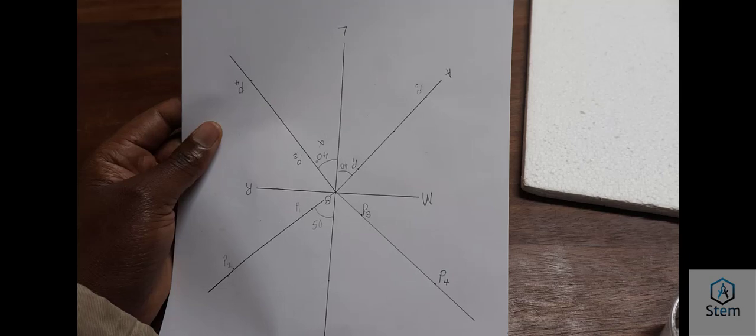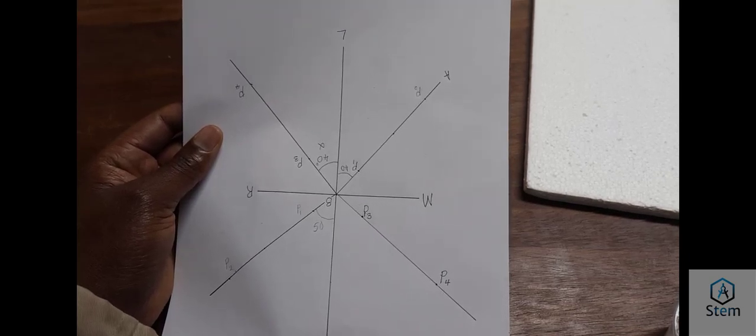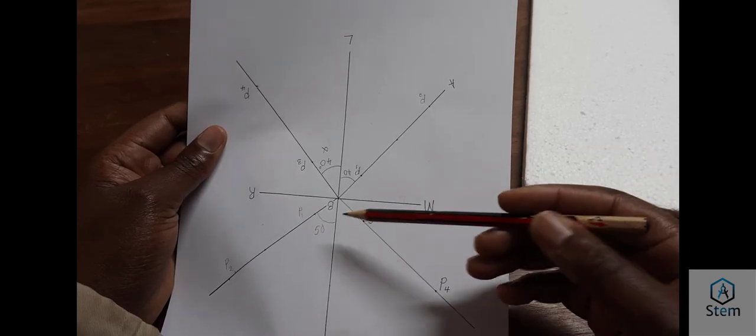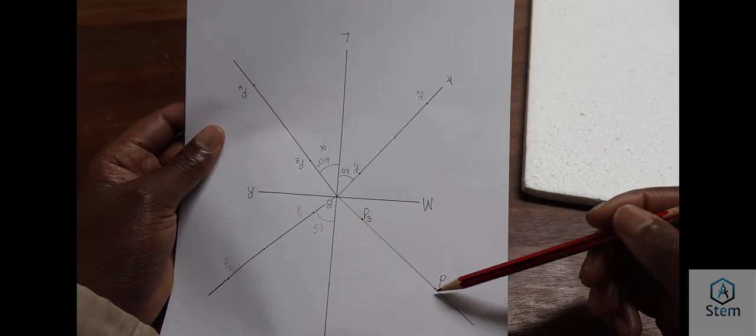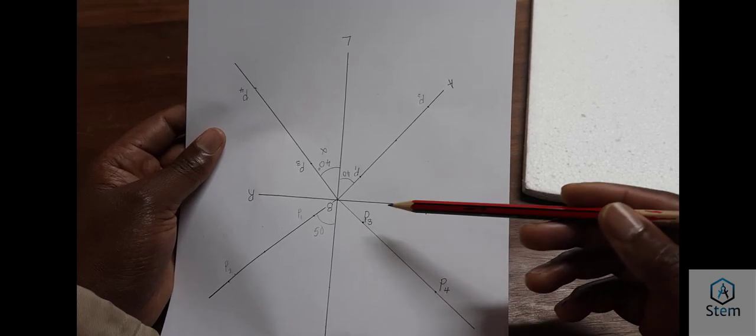Okay, so we have removed the mirror and the pins, and this is our line passing through P4 and P3.